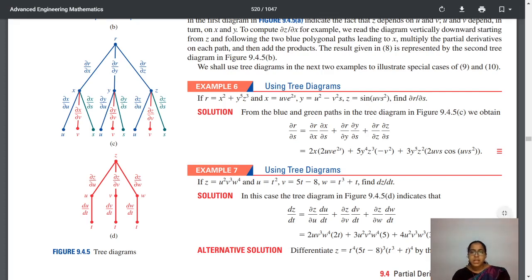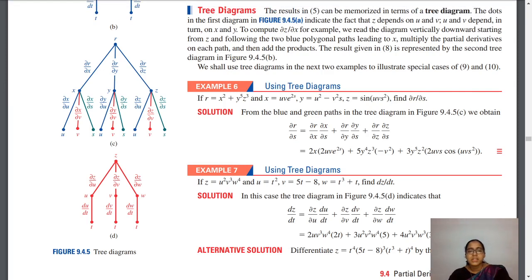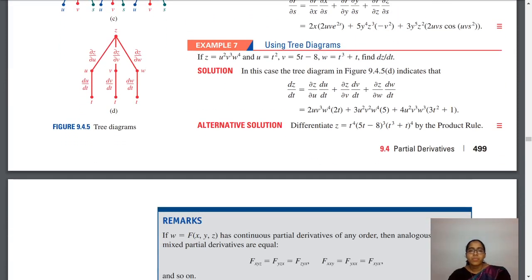And the next example, you can try it on your own. That is depicting that z is depending on u, v and w, where u, v and w are just functions of t. So we just have to see how we can solve it.